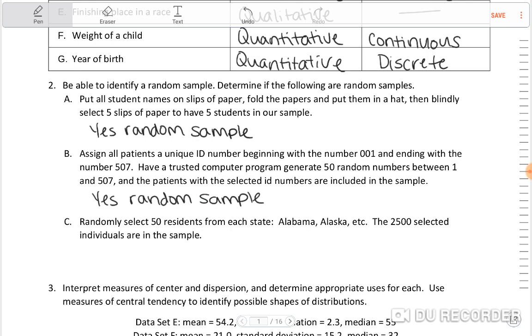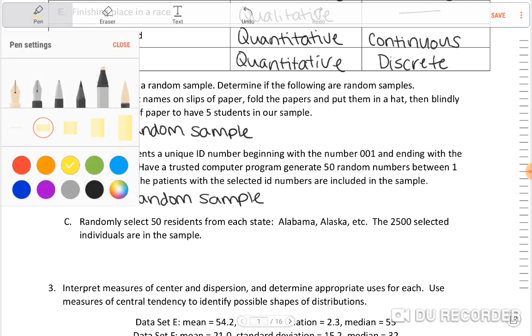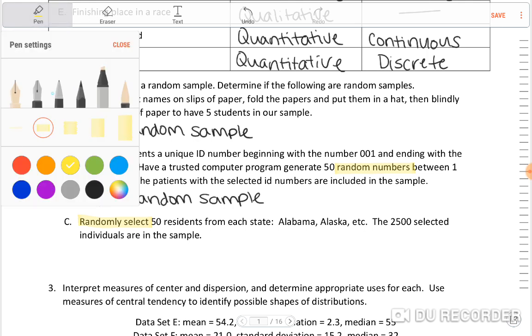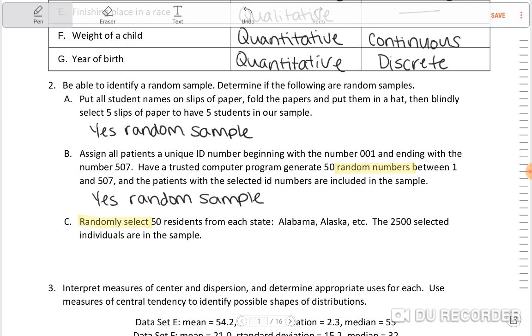Okay. Part C, randomly select. Right there, I see the word randomly select, and I'm going to go with, yeah, it's random. So random numbers, randomly select. I think these are all just ways you can see what a random sample looks like. I don't even have to read the rest of this.